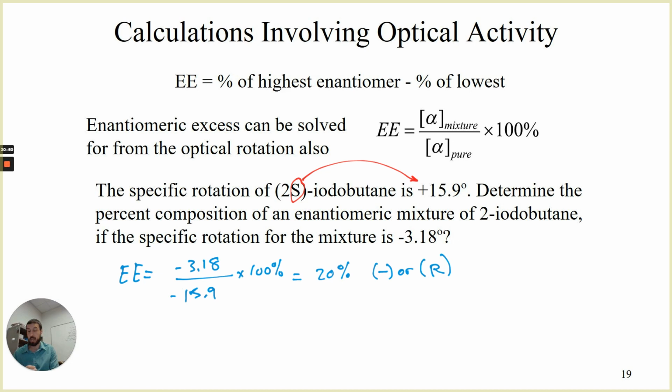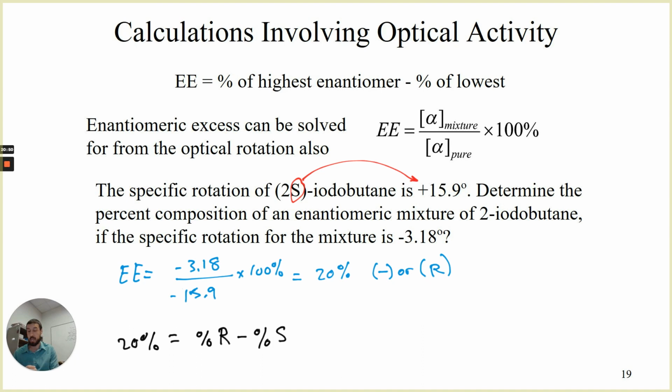So now what can I go through and do? Well, if I know the enantiomeric excess is 20%, I could say 20% equals the percent of R, because we said the R was the one in excess, minus the percent of S.